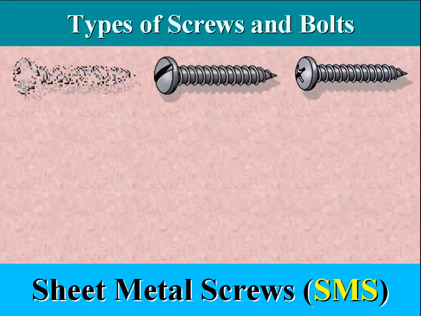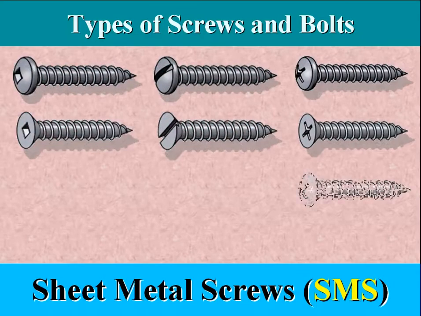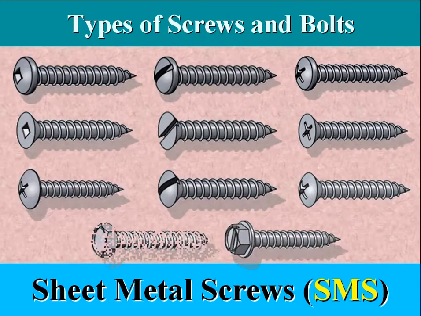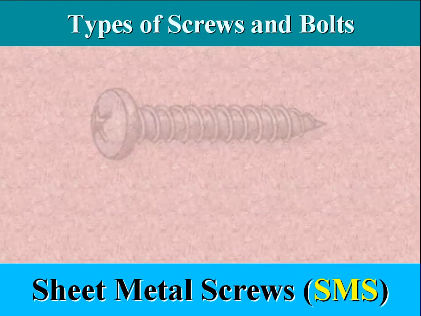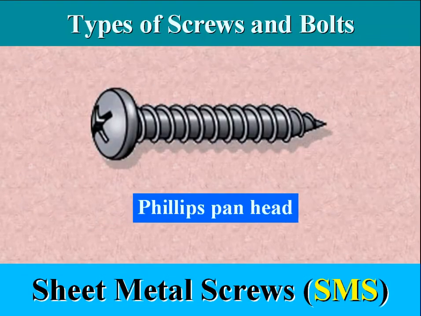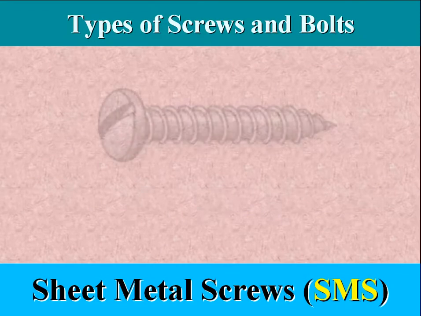Sheet metal screws have sharp points and threads and are designed to be driven directly into sheet metal. They can also be used in softer materials like plastic, fiberglass, or wood.